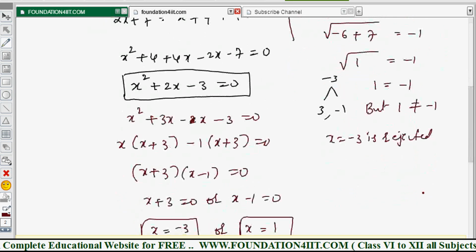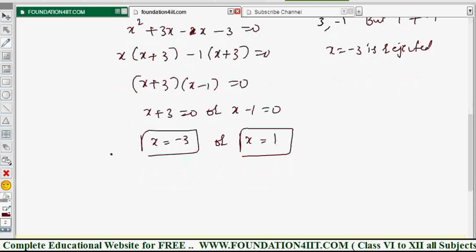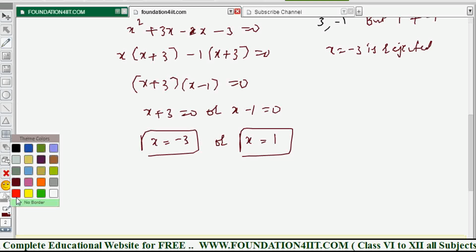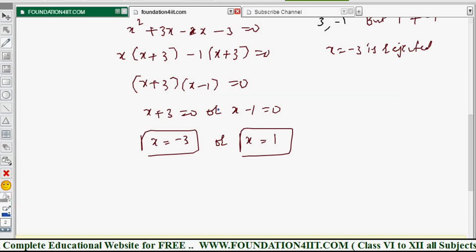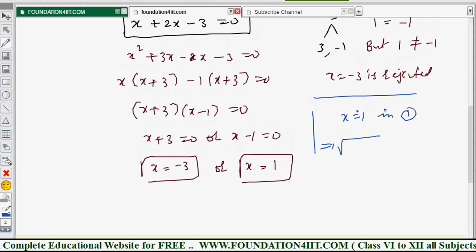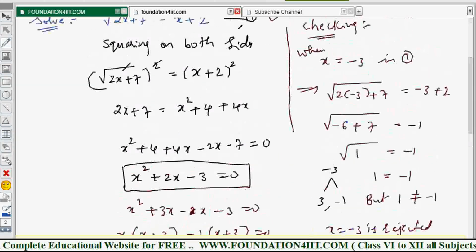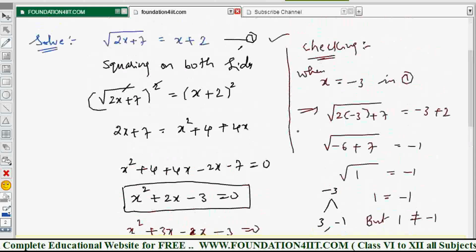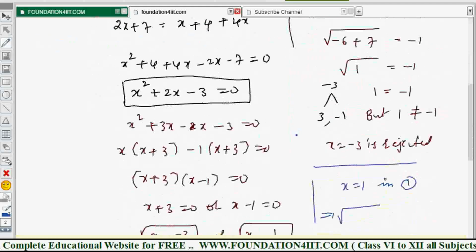Now the next one, x is equal to 1. Let us substitute it in equation 1. Equation 1 is square root of 2x plus 7 is equal to x plus 2.